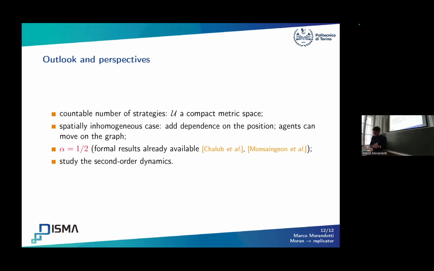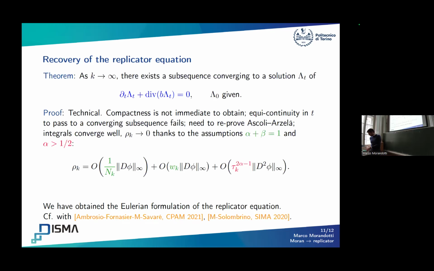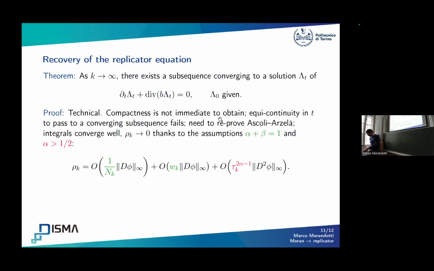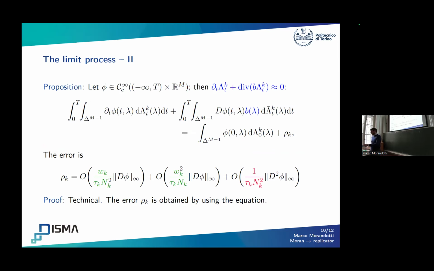What we did here was to study this problem with a finite number of strategies, and an interesting outlook would be to look for a countable number of strategies, or even a little bit more. So go to U being a compact metric space, as I announced. For this, functional analysis needs to be invoked very strongly, and when you take the partial derivatives for the weak formulation, the gradient here needs to be taken with respect to a variable lambda, which is a probability measure this time, and not just a point in the simplex.